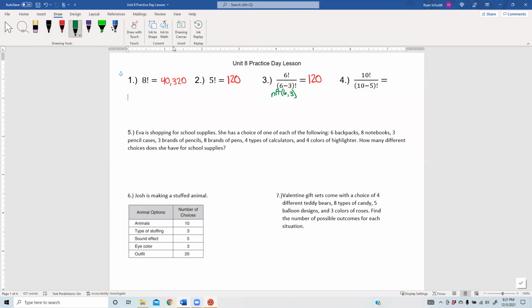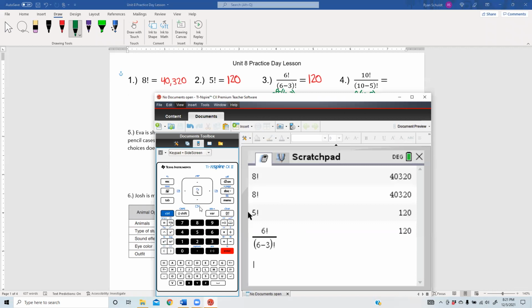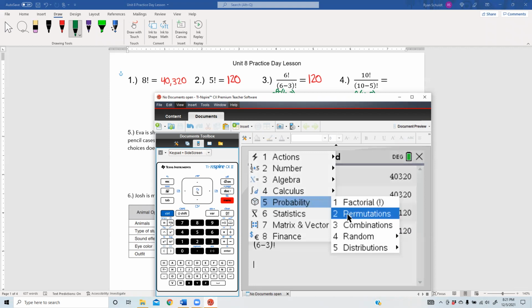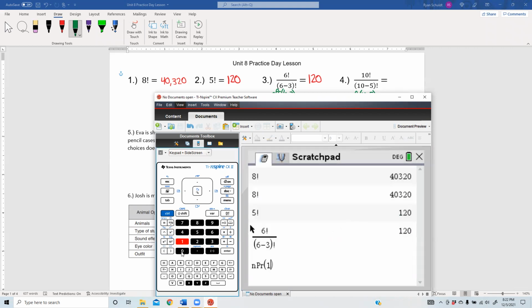Same thing for number 4. If you recognize this as a permutation, you could do NPR 10, 5. I think that's what I'm going to do this time because I've already shown you how we can do it on number 3. If that's what you're comfortable with, again, stick with that and just type it in like it is on your paper. But if you realize it's a permutation, then you can hit menu, probability, and then permutation, and do 10, 5.